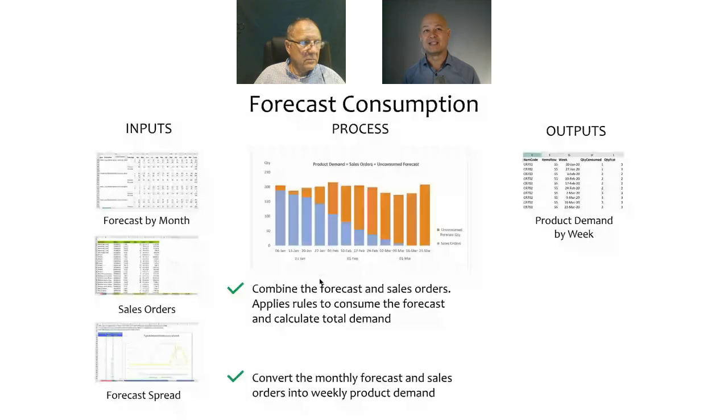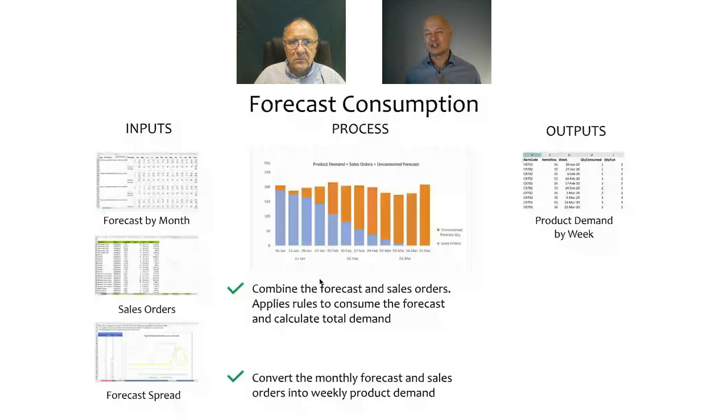Anything within the customer lead time, you're probably going to be making demand that's matched up quite closely to sales orders. Outside the lead time, way out into the future, more of that total demand is made up with forecast instead.